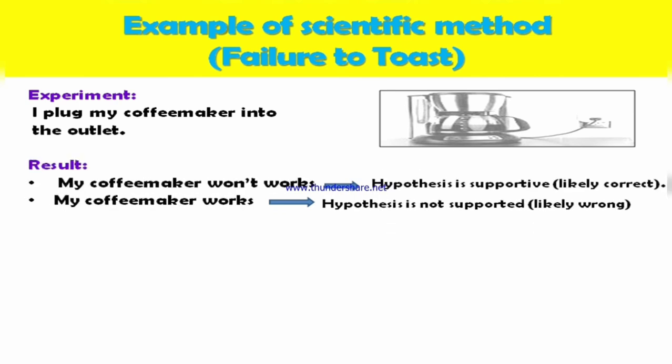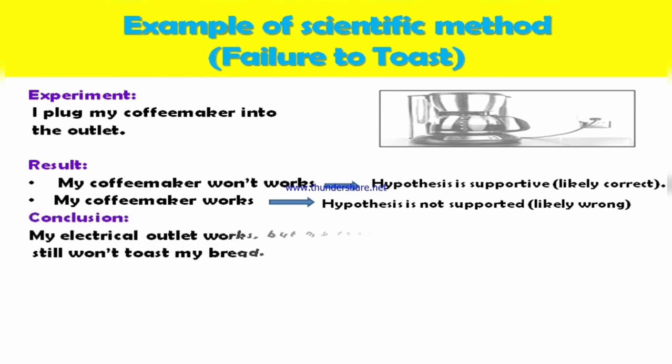If my coffee maker doesn't work, then the hypothesis is supported, likely correct. If my coffee maker works, then the hypothesis is not supported, likely wrong. Let's suppose I made my conclusion that my electrical outlet works, but my toaster still won't toast my bread. So it means that my hypothesis is wrong.